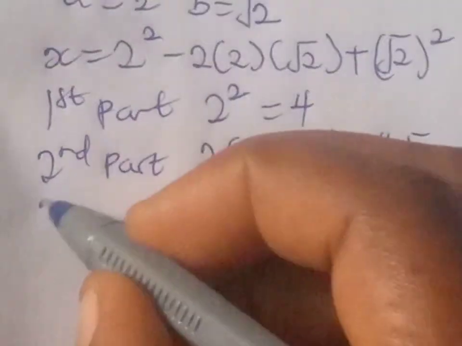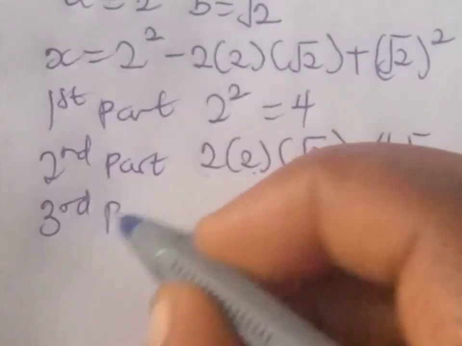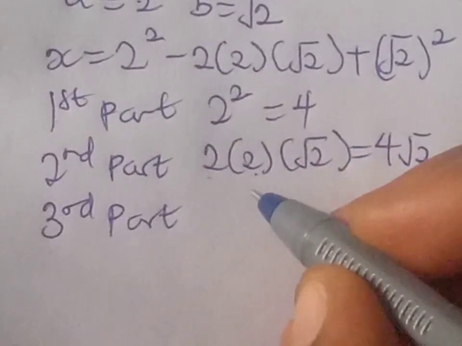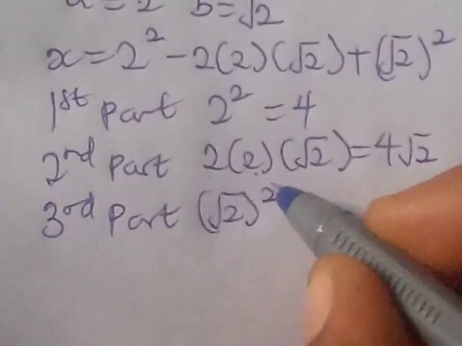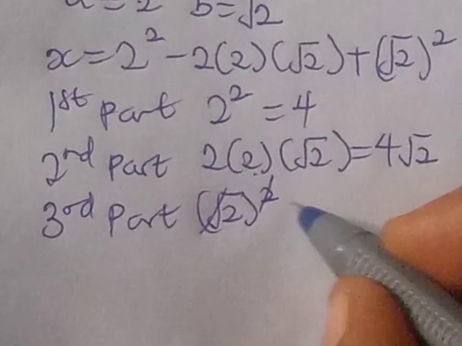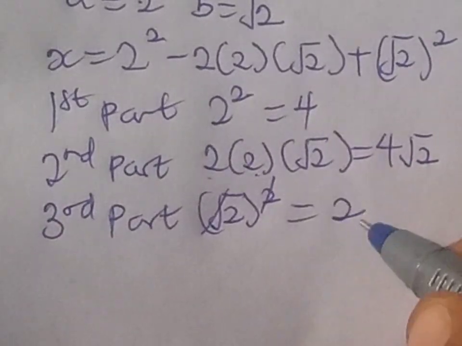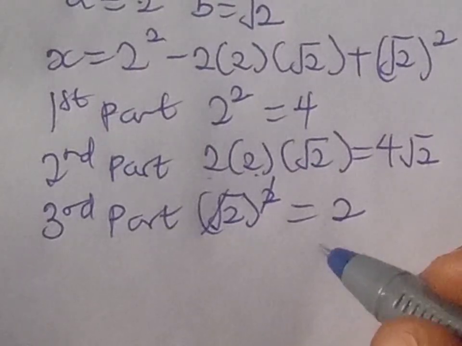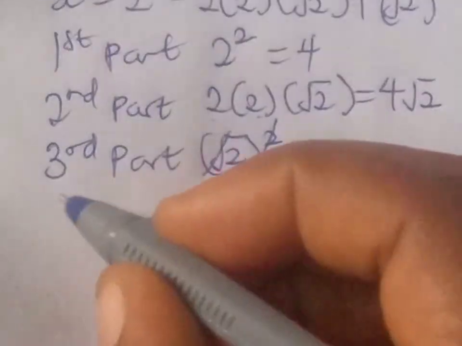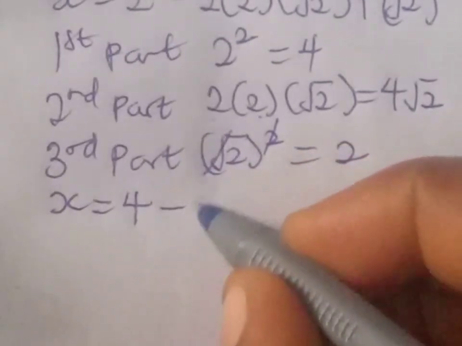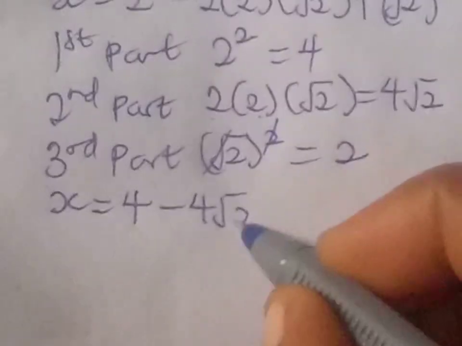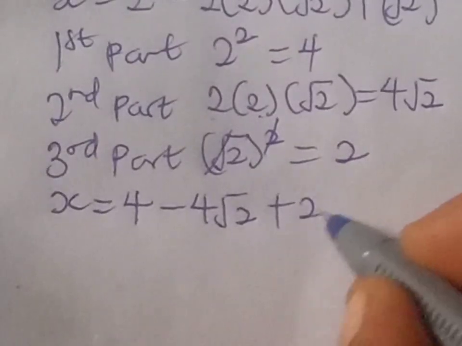And finally, the third part, which is square root of 2 squared. Square cancels square root, which will give us 2. Now let's put everything together, which will give us x equals 4 minus 4 root 2 plus 2.